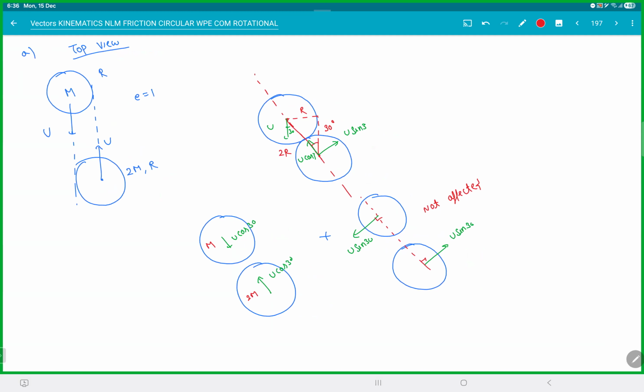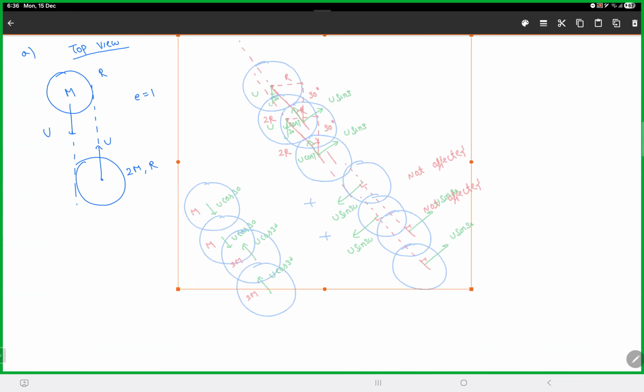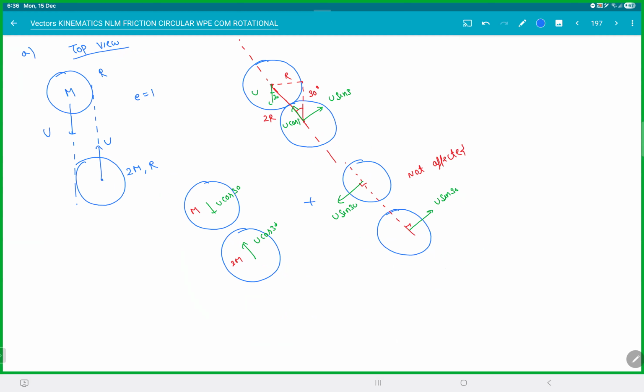And then what you do? Then you just do it like a head-on. So this is a head-on collision. So then you will say after collision, let this go with v1, let this go with v2. Then you know the story. Conservation of momentum: 2mu cos 30 minus mu cos 30 is equal to mv1 plus 2mv2.